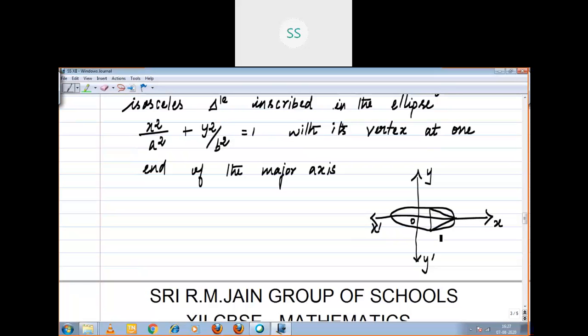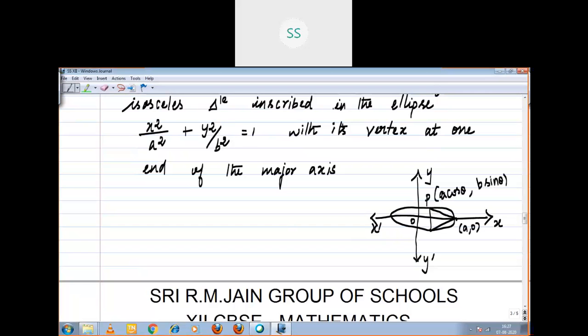This is the point a comma 0, the point on the x-axis, that means y becomes 0. Here the point, we are going to take as a polar coordinate: a cos theta, comma, b sin theta.